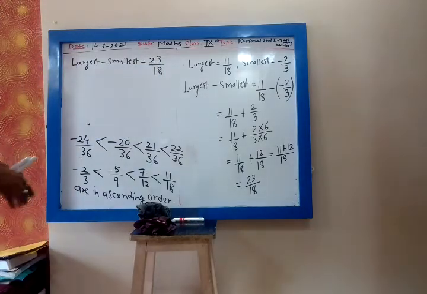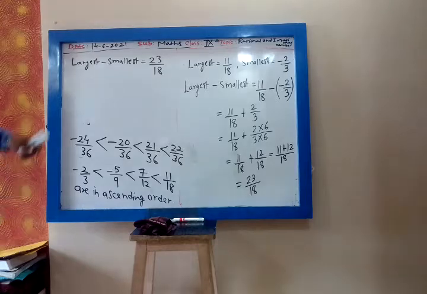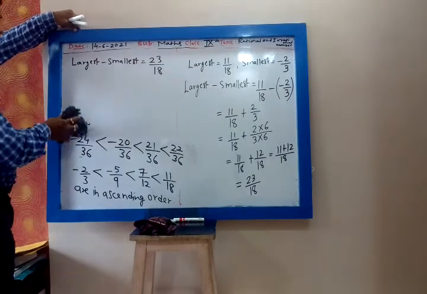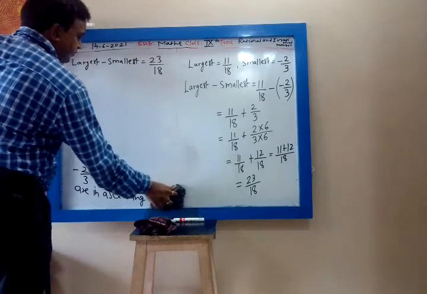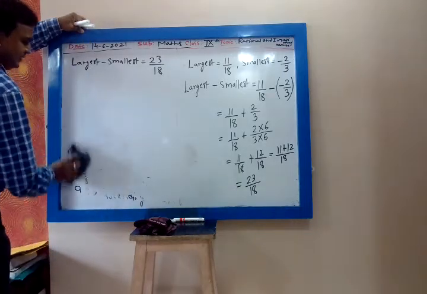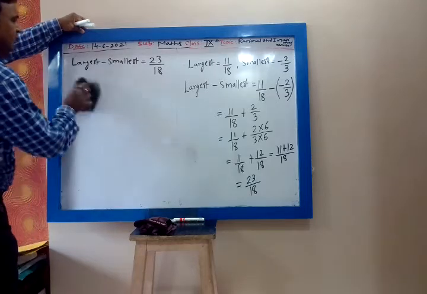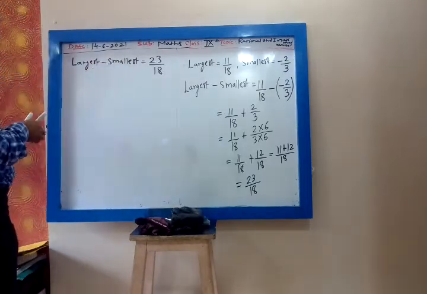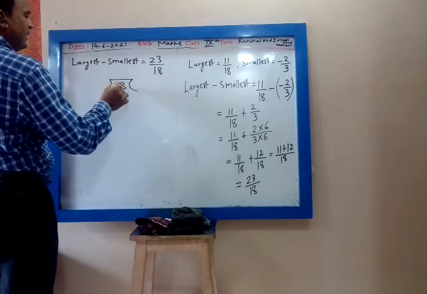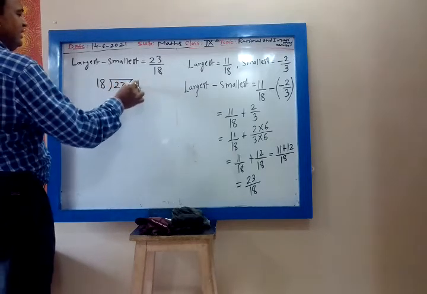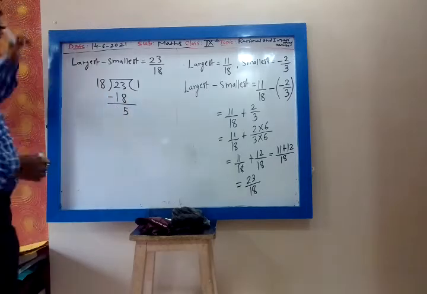Now what is asked? Express this as a decimal fraction correct up to 1 decimal. So to express this fraction in decimal, 23 upon 18, we divide 23 by 18. So 18 ones are 18, then 5, correct.